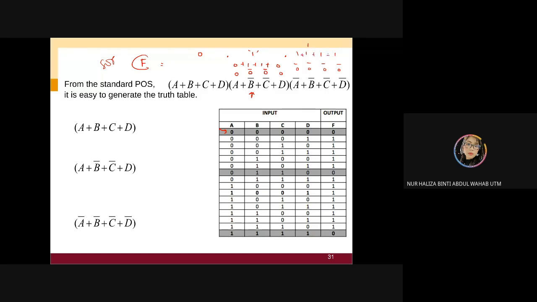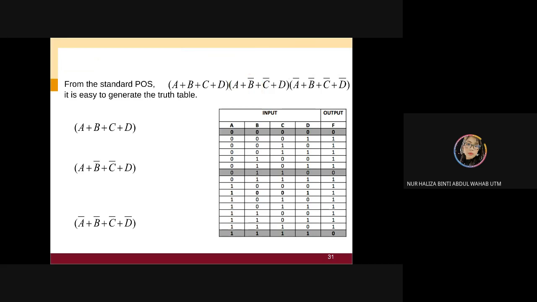Adding them all together, what happened? Just now you have 0, 0, 0, 0, adding. You will get 0 multiplied with 1, the one that we fill in, another one multiplied with 1. 0 multiplied with 1, multiplied with 1. What do you get? Equal to 0.